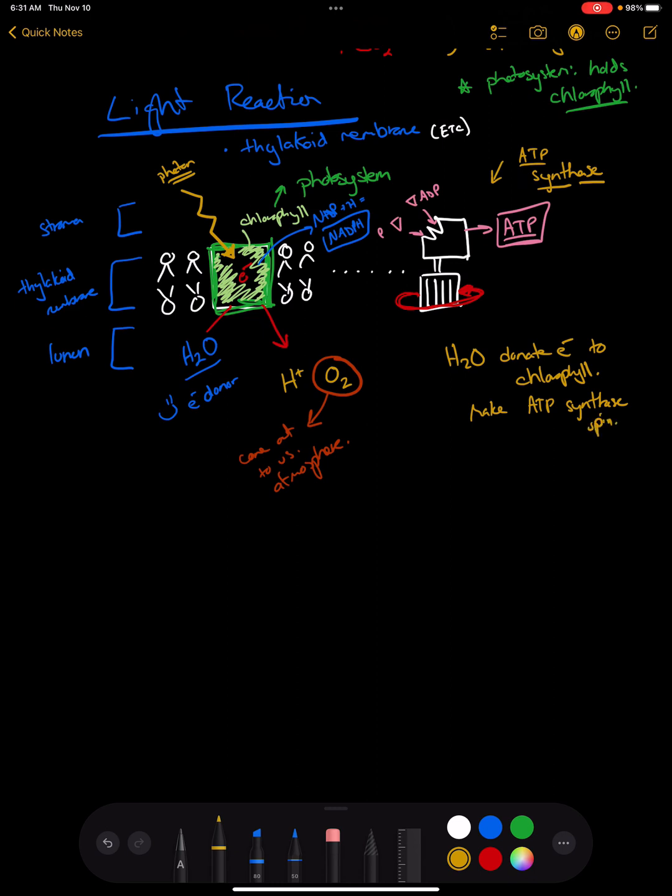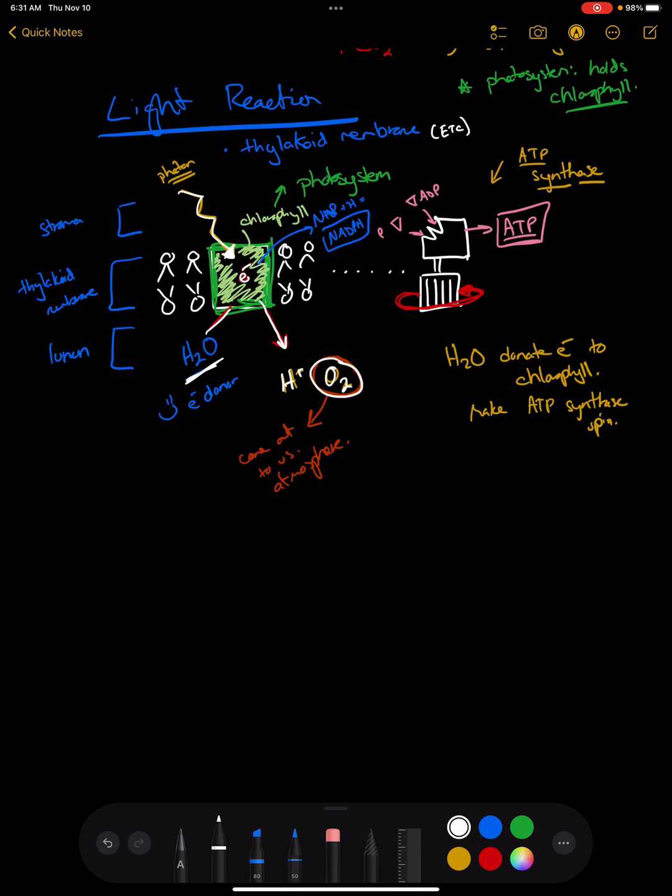All right, so let's follow it with this nice little white line. Here's my water sitting right here. He's happy. But then when the light comes in and hits that chlorophyll, it gets excited and breaks the water apart, and that's where the electron comes in. When water gets broken apart, I get some hydrogens, and then that oxygen comes out to us. That's why we get to breathe.